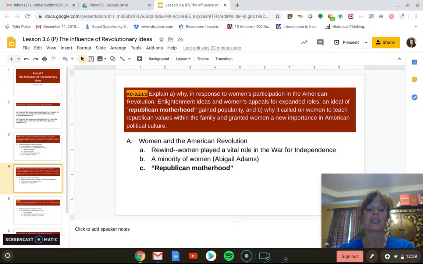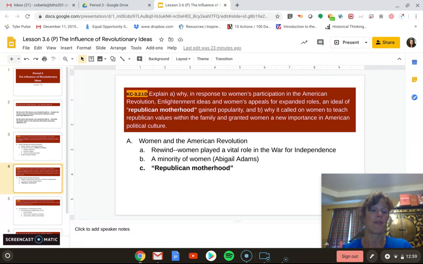So you see, this idea of Republican motherhood is a huge turning point in the role of women. No, they had no political rights. They had no public rights or civic rights, but their role in society as educators of the children, as the keepers of the American fundamental ideas of liberty, was solidified in the years following.